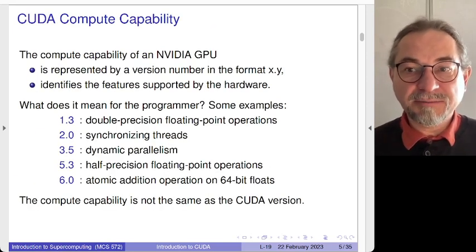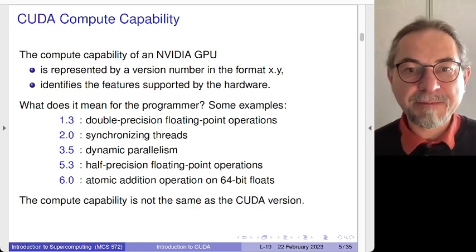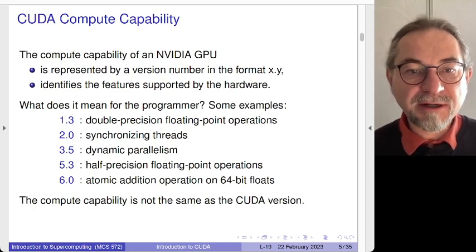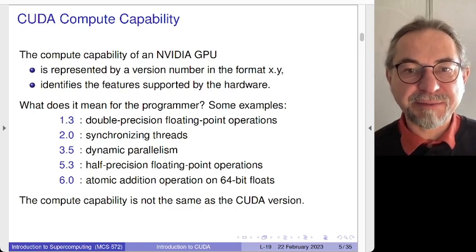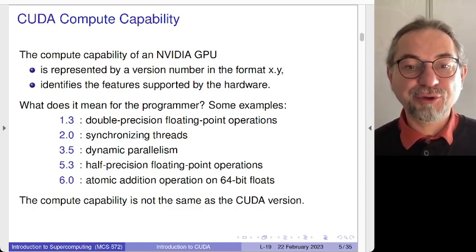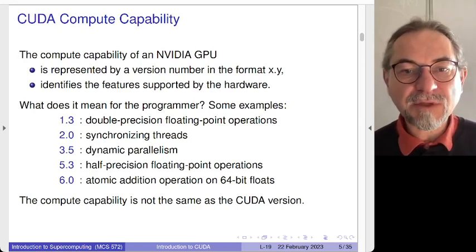Okay, so this is a hands-on lecture, so we will be using NVIDIA GPUs. Every NVIDIA GPU has a compute capability. Here are the main numbers listed. So it's represented by a version number as x.y. Currently with Pascal we are at 6.0, so this introduced the atomic addition on 64-bit floats.